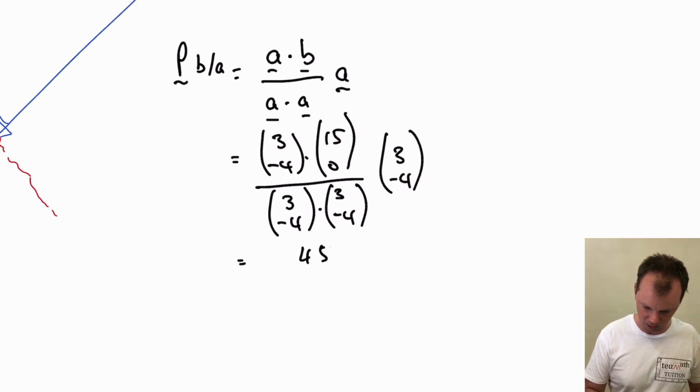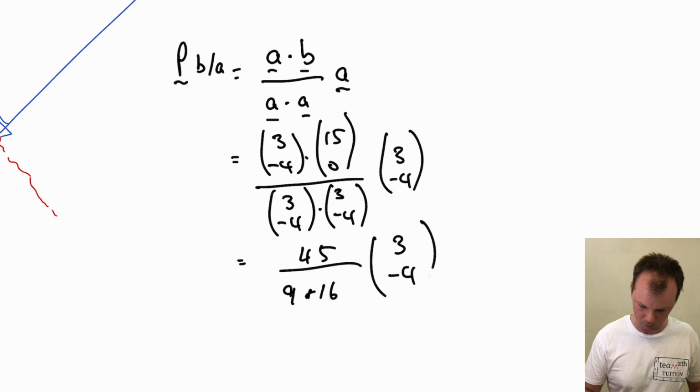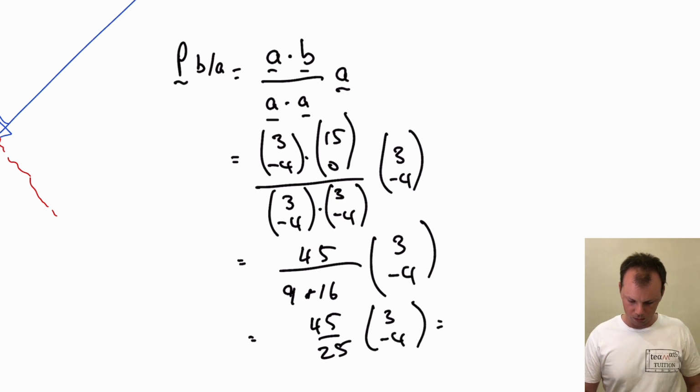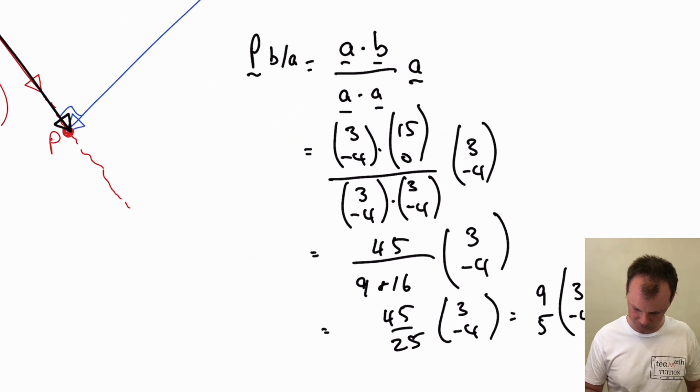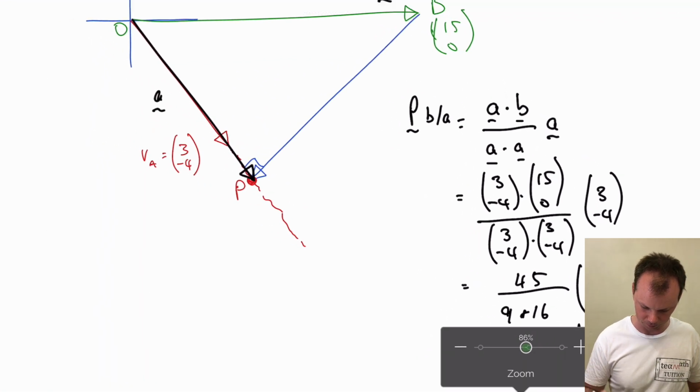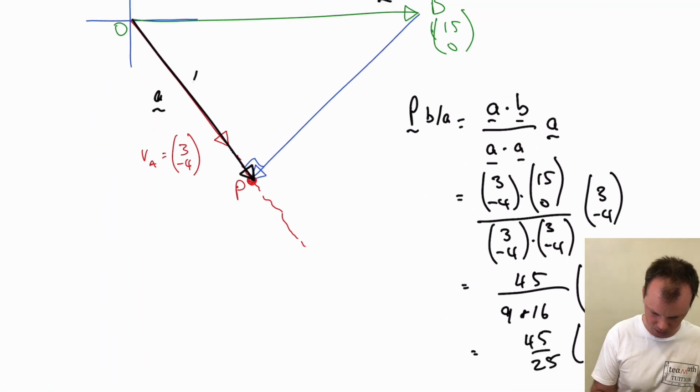So we got 45 on 9 plus 16. So 5 is common to both, so we got 9 on 5, 3, negative 4. Okay, so that's my black vector here. So we know that the projection of B on A is 9 on 5, 3, negative 4.